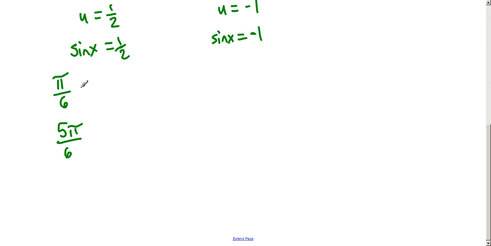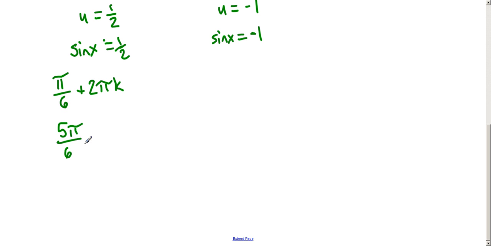Since pi over 6 and any coterminal angle with pi over 6 has the same sine value of 1/2, we need to include any coterminal angle. The way we do that is by adding 2 pi k. We can add on any revolution to pi over 6 and we'll get a coterminal angle with pi over 6.